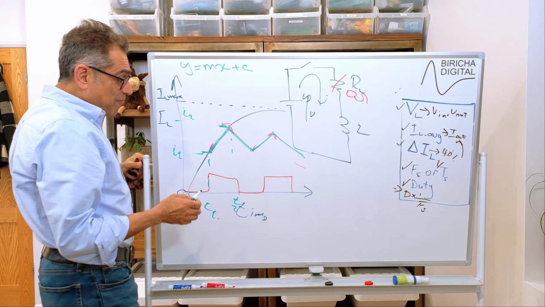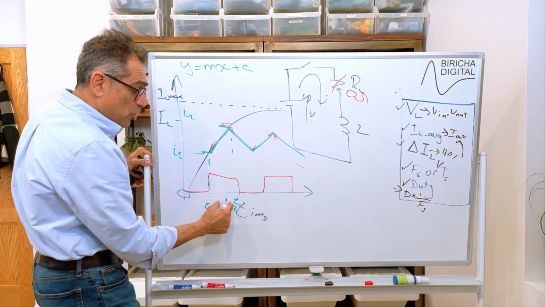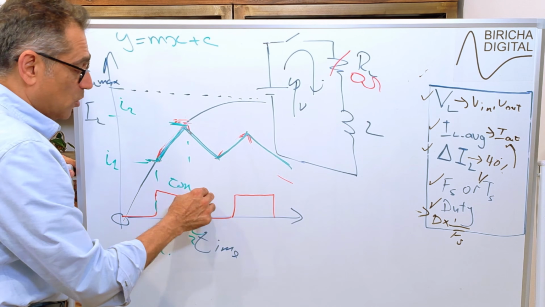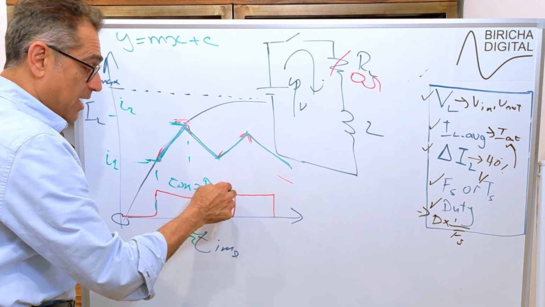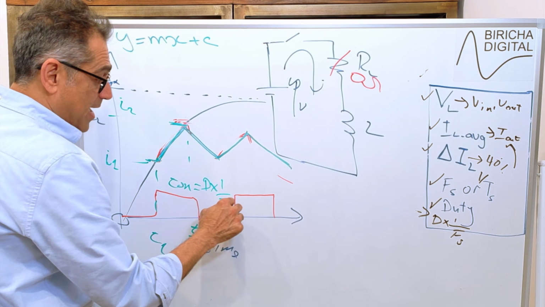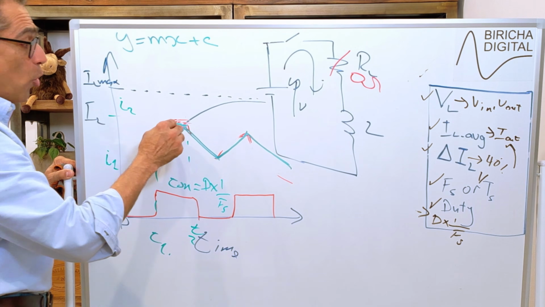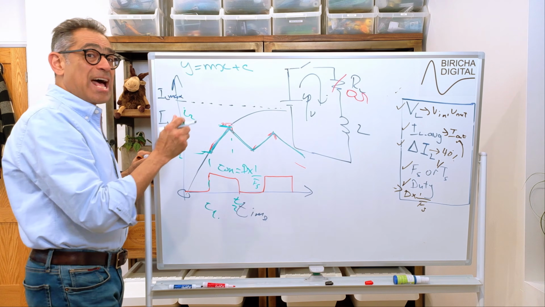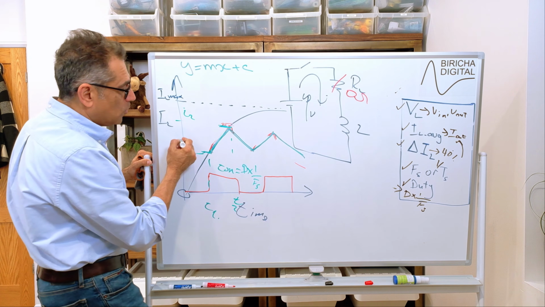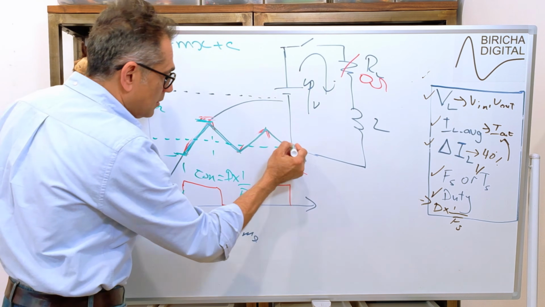So if this is the straight line, and I know this time period, and I do because this is my on time, T on, which is equal to duty, in my case, times 1 over Fs, I know the boundaries that I'm going to allow this to travel by, and we said that around 40%. So there we go.